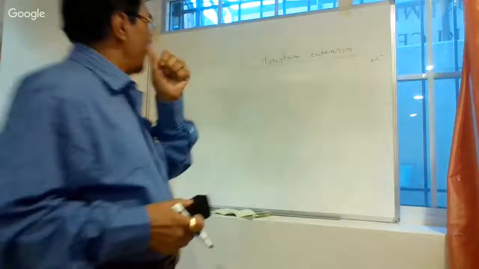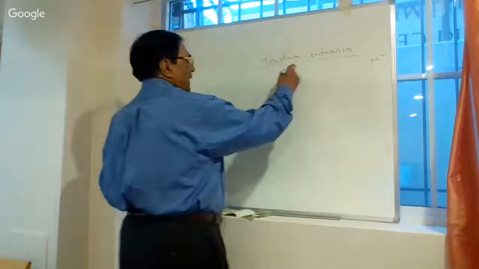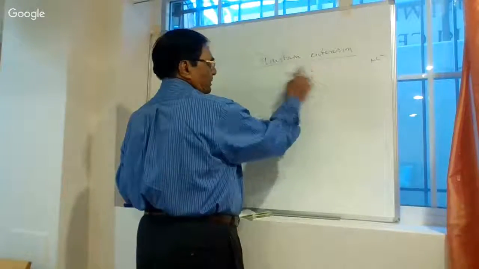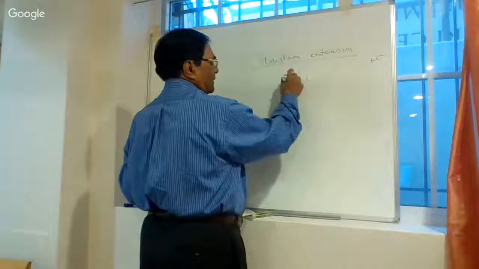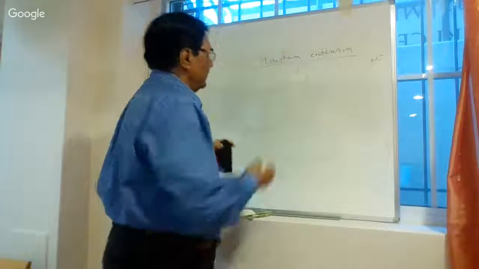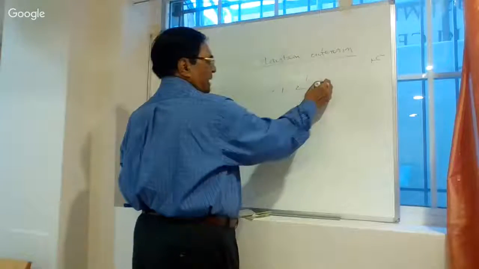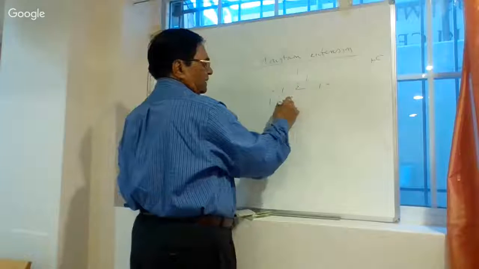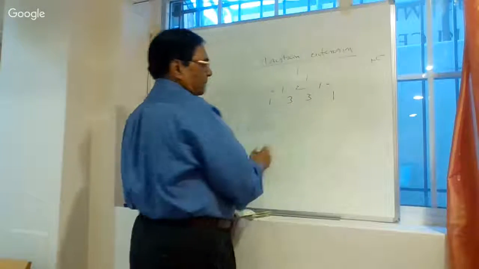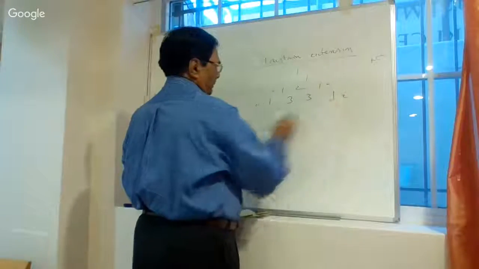Okay. Well, I take it this way. This is 1. This is 1 and 1. Consider both ends are 0. 1, 2, 1. Consider both are 0. This is 1, 3, 3, 1. Consider both are 0.